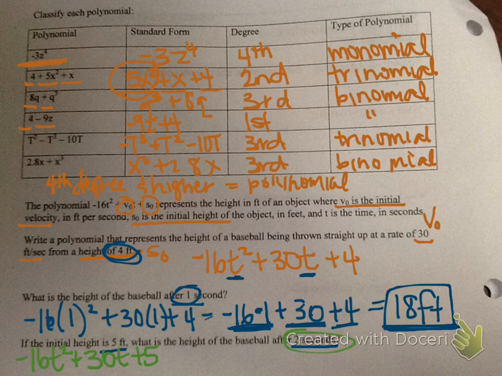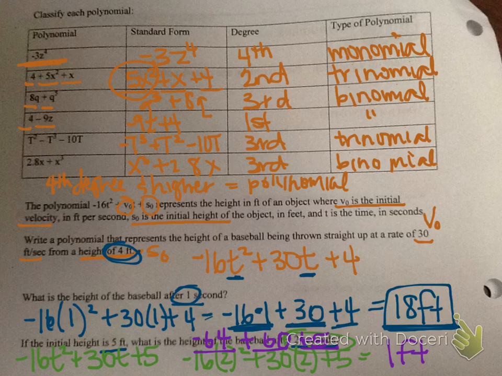And now we're using 2 seconds, so negative 16 times 2 squared plus 30 times 2 plus 5. So negative 16 times 2 squared would be 4. Negative 16 times 4 is negative 64. Plus 30 times 2 is 60. Plus 5. Negative 64 plus 60 is negative 4. Negative 4 plus 5 is 1 foot.